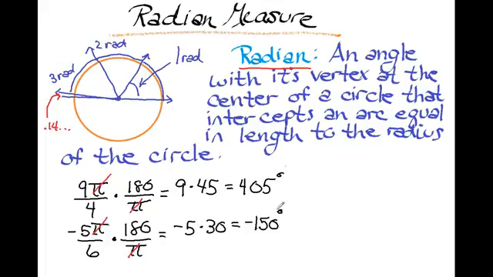Our last example would be a calculator example, and I don't have a calculator to show you. If we wanted to take 4.25 radians, I want you to visualize this: if 3 radians almost go around half the circle, 4.25 radians would be somewhere in quadrant 3 on your circle.